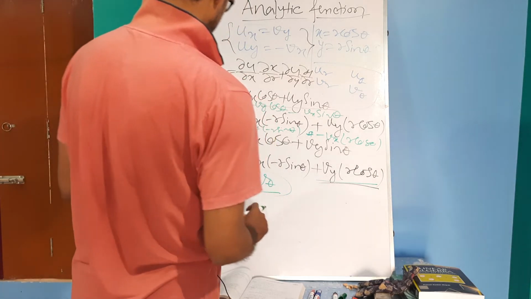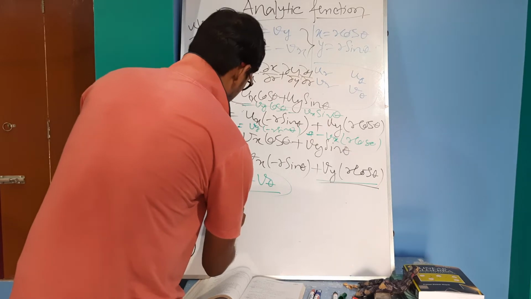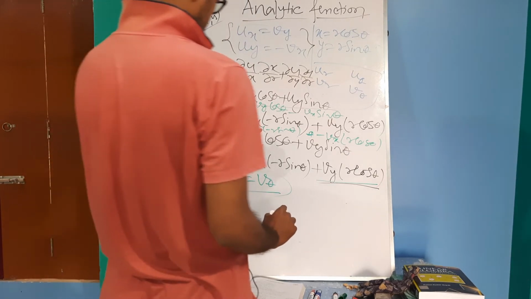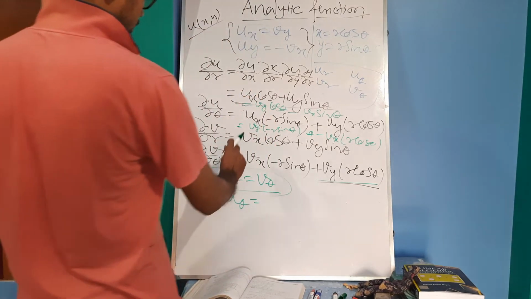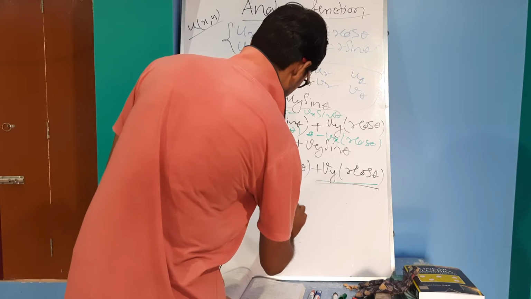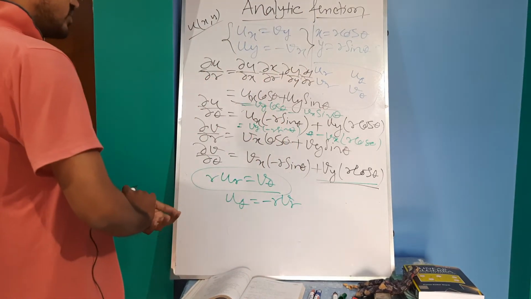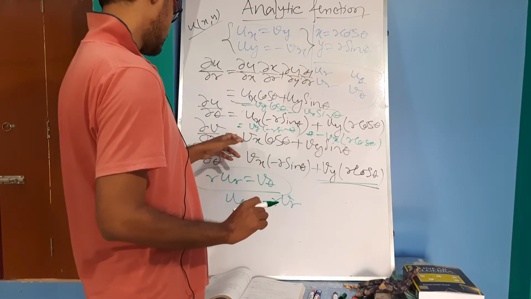So you can write here u_theta is multiplied by minus r, minus r v_r, then the result will be the same, is it not?